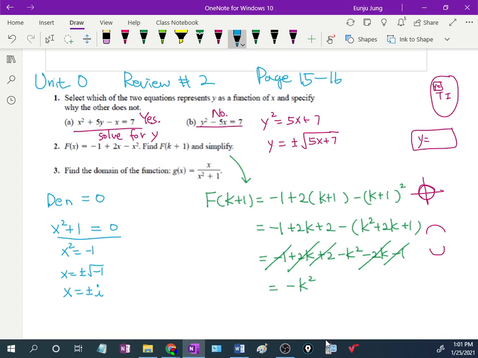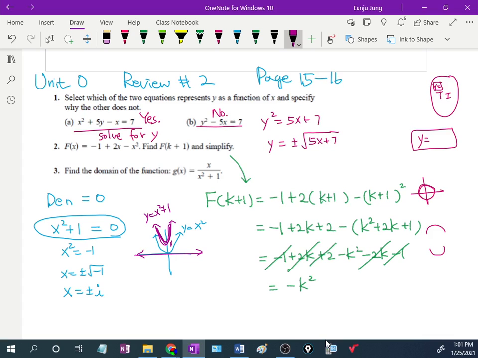If I draw the parabola, this is the x squared parent function, and if you add 1, this will be a vertical translation, x squared plus 1. It is above 1 like that, right? At 1, it is moving up. So it never touches the x-axis. It never does. So there is no case making the denominator 0.